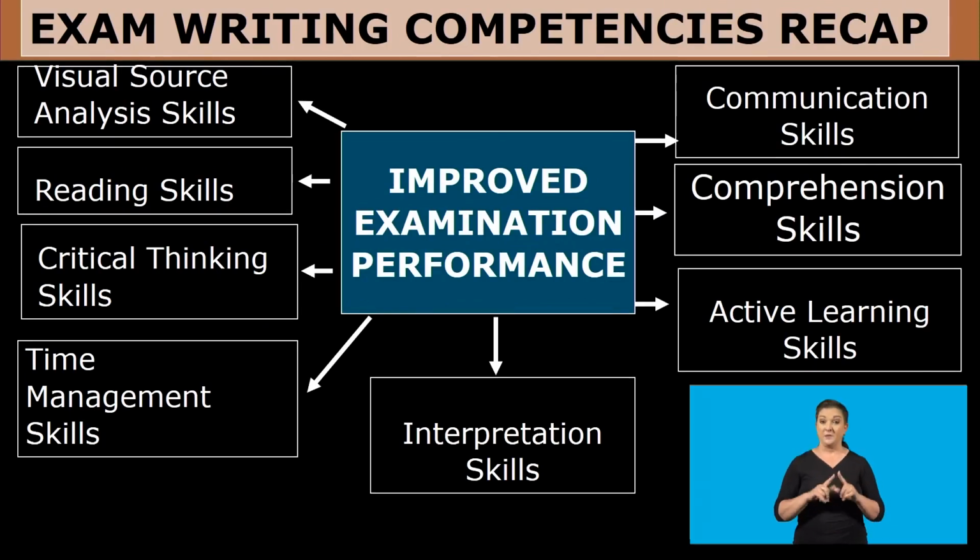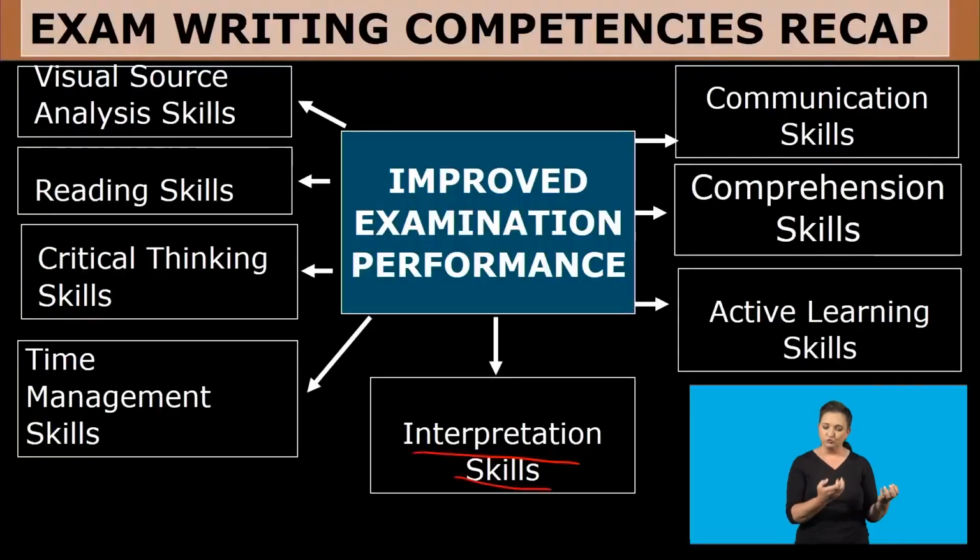And remember, I told you that coupled with the specific skills for history, there are exam writing skills like critical thinking, reading skills, time management so that you don't run out of time and not answer all the questions, interpretation skills so that you interpret your sources, and then the most important one is communication skills, where whatever you write, make sure that the marker understands what you're trying to say.